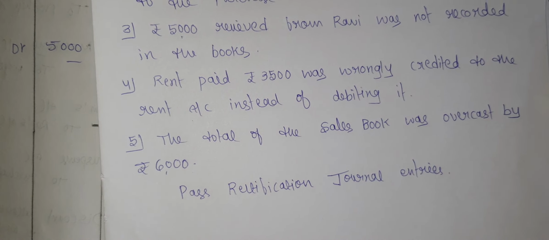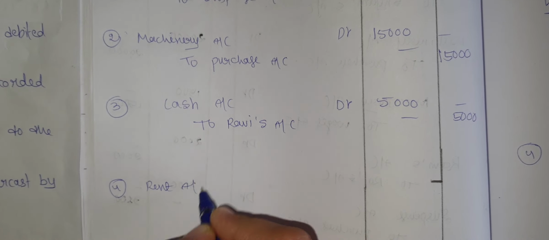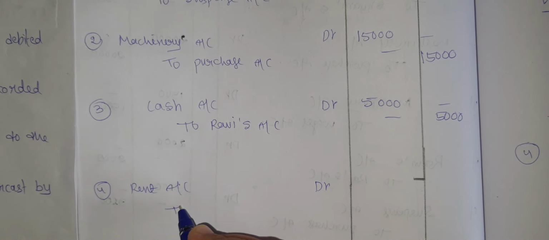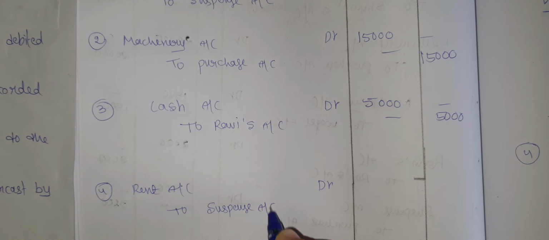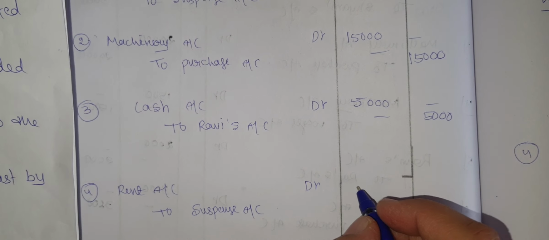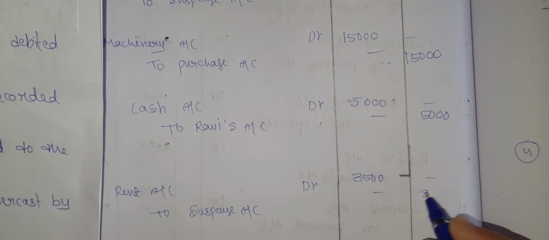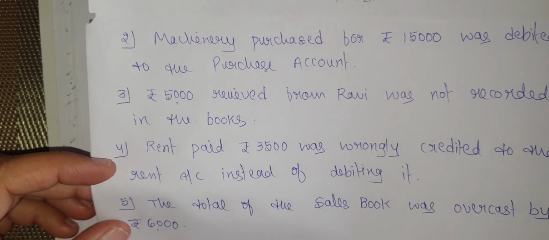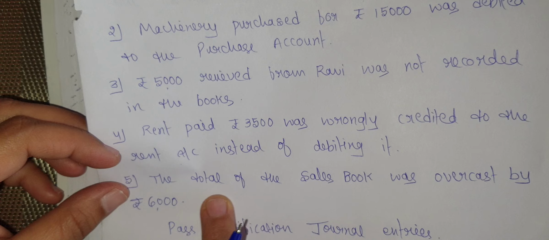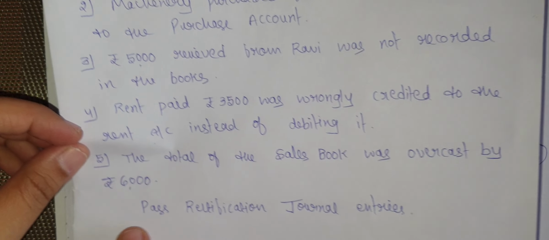Now here write down the fourth one: Rent account debit to suspense account, that is rupees 3,500.